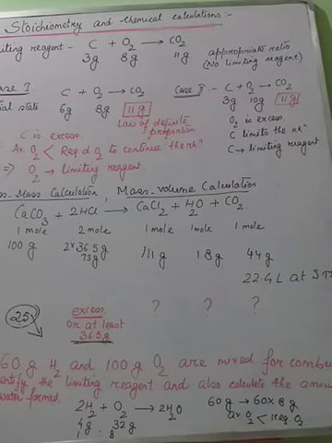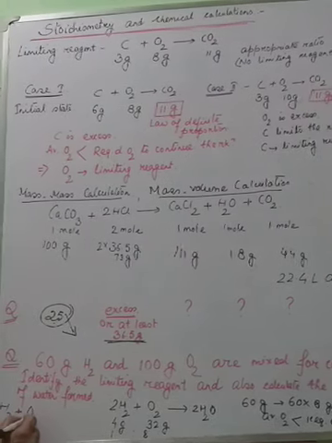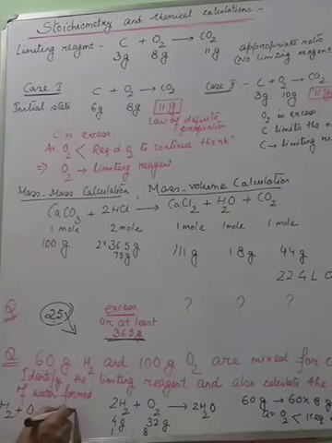Now, while doing the calculation, we do not consider hydrogen. What we will consider, that 1 mole of oxygen is capable of giving 2 moles of water. So, 100 gram of oxygen, not this 60 gram, because this is not the limiting reagent.